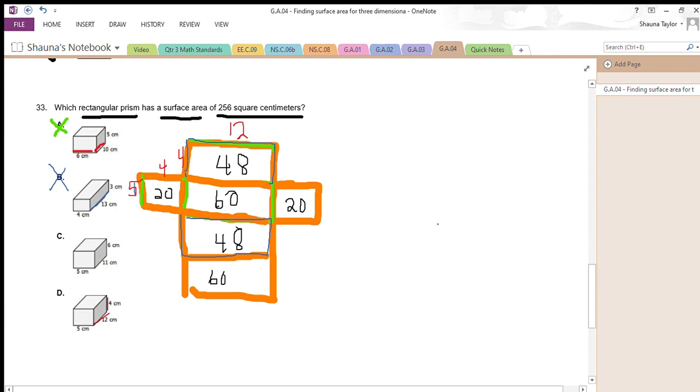I know that 60 plus 60 is 120. 20 and 20 is 40. 48 and 48. Let's see, 8 plus 8 is 16. Carry my 1. 4 and 4 is 8 and 9. 256. We got it. So our answer is D.